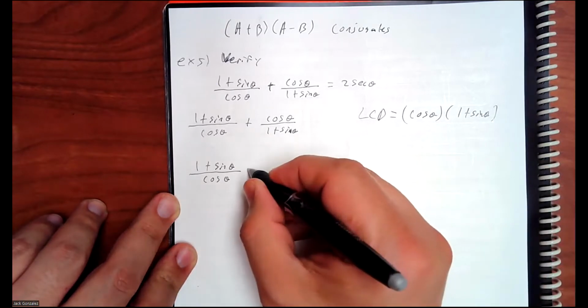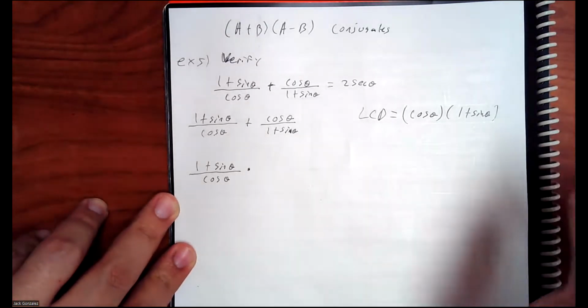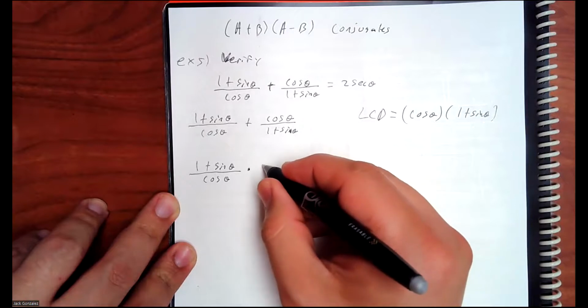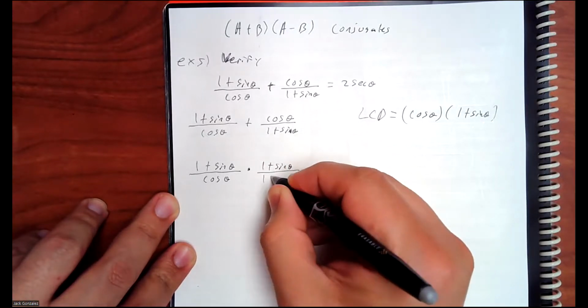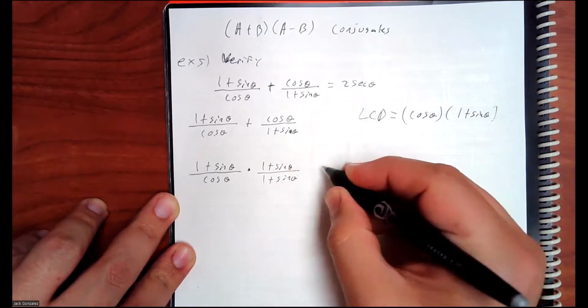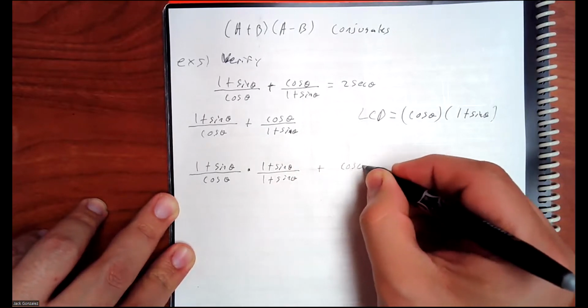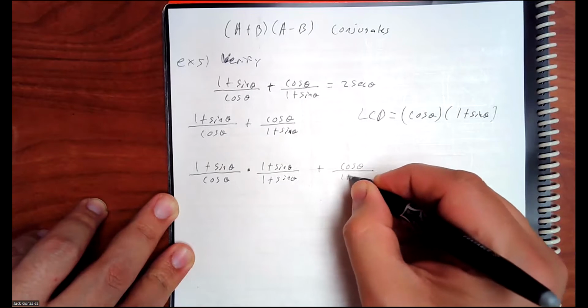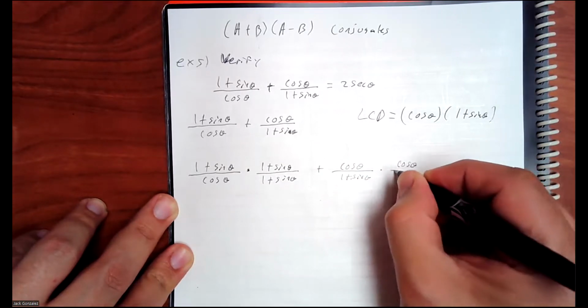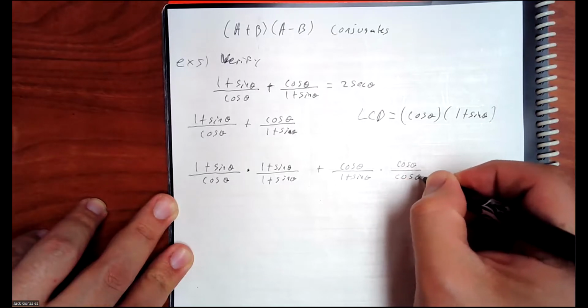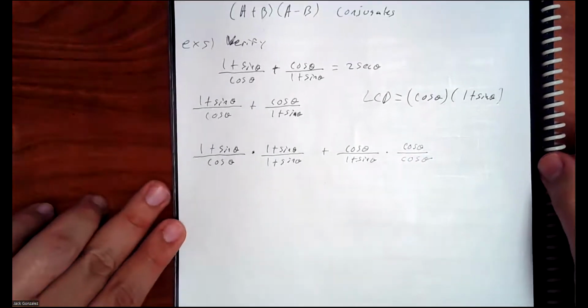All right, so multiply by 1 plus sine over 1 plus sine. And then multiply this guy by cosine over cosine. So once we do that, we will have the LCD on both.